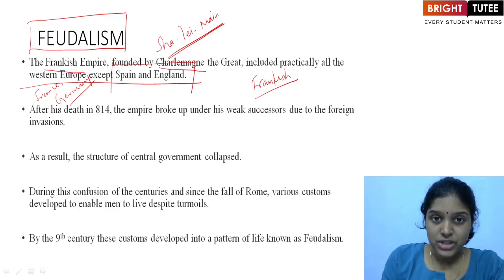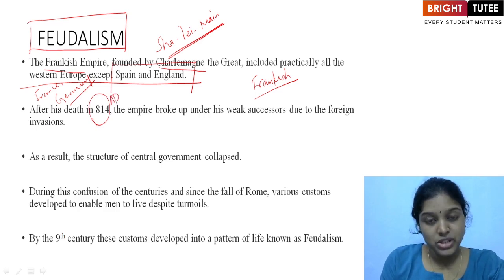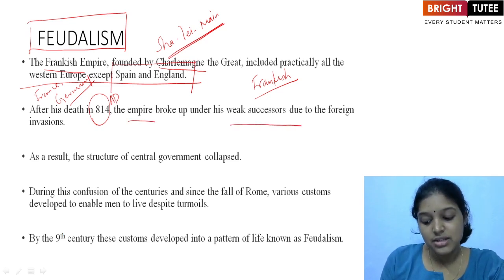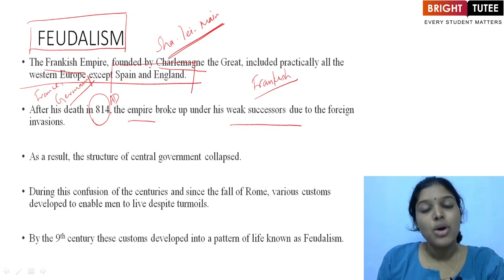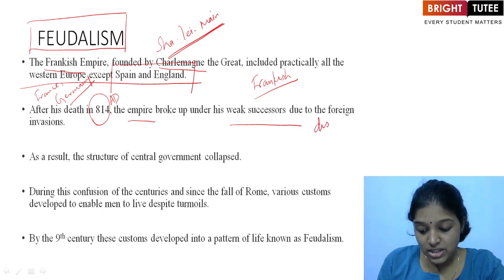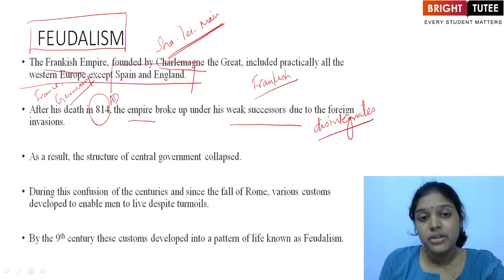And after the death of Charlemagne in 814 AD, the great emperor Charlemagne dies in the year 814, we see that the Frankish Empire breaks up under weak successors due to foreign invasions. So after Charlemagne, there is an absence of a very strong leader, and as a result, the empire disintegrates or breaks up into small kingdoms because they are attacked by foreign rulers.